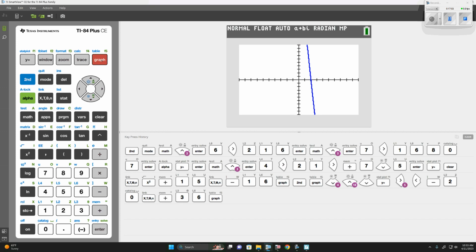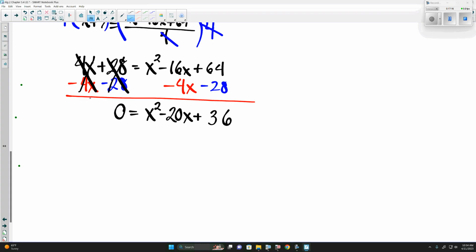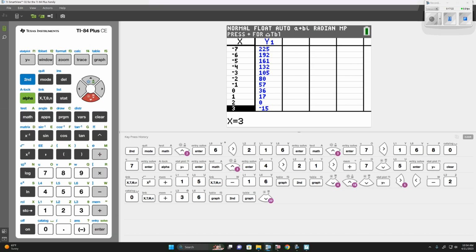Yes? So second table. One of our solutions is 2. So x equals 2 is one of the solutions. Now we know there should be a second one, yes?